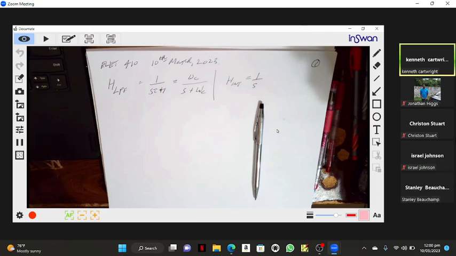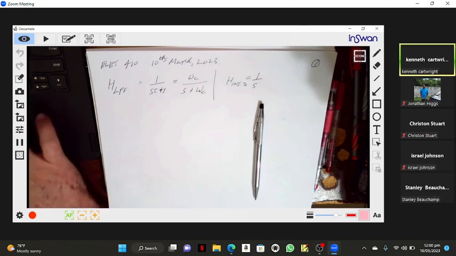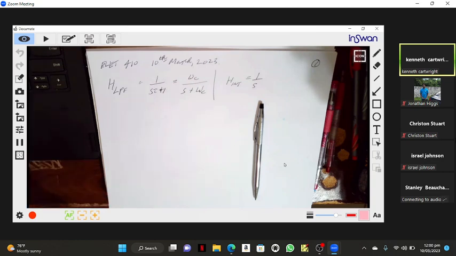Now, last class we said that an integrator can be approximated by a low-pass filter. For what frequencies? For what frequencies can an integrator be approximated by a low-pass filter?